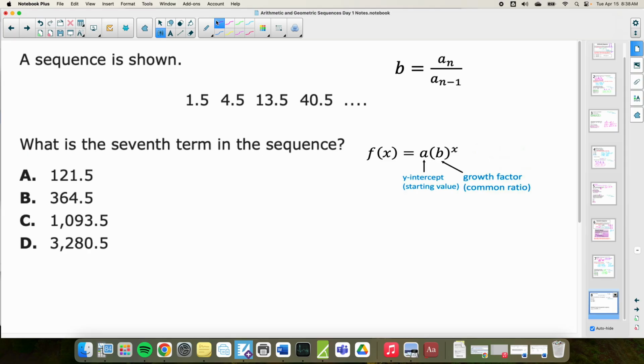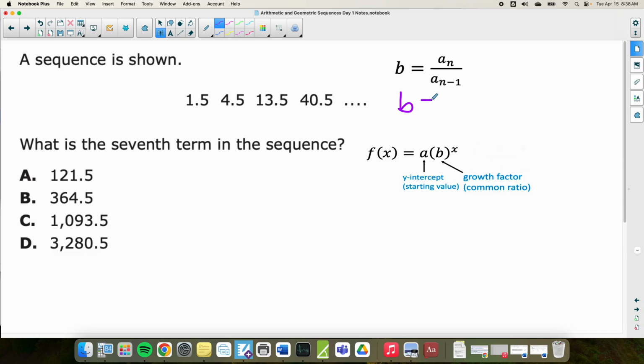How you can figure that out for your B is you can take any term and divide it by the term that's in front of it. So you could take 4.5 divided by 1.5, and when you do that, that is 3. If you checked 40.5 divided by 13.5, that is 3.